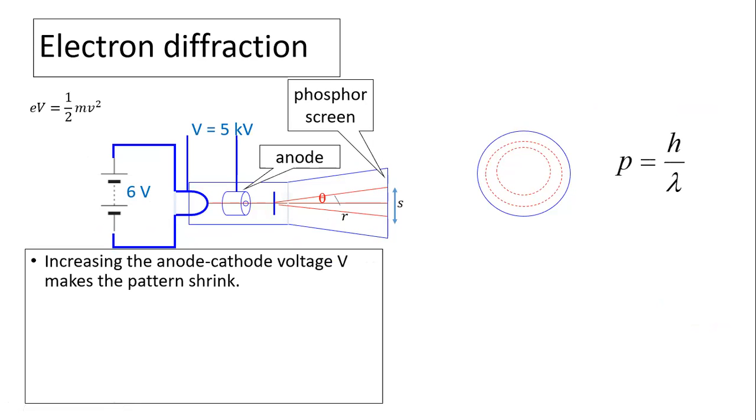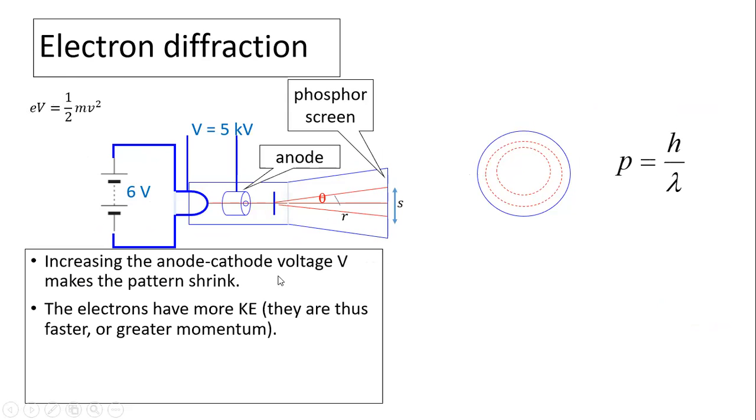Increasing the voltage, as we have gone over, just to go over the mathematical side, that's the equation, there's the voltage there. Increasing the anode voltage makes the pattern shrink. You can observe it: the diameter becomes smaller. Electrons have greater kinetic energy.